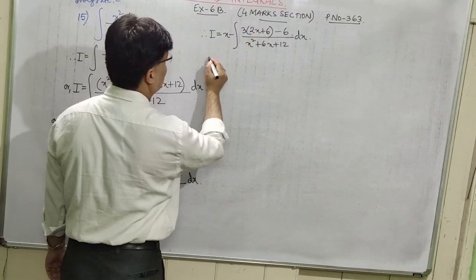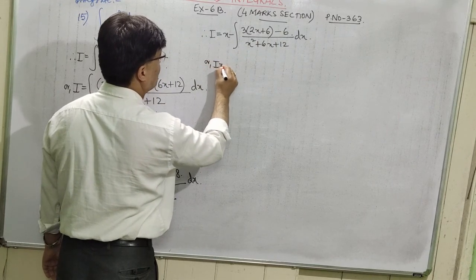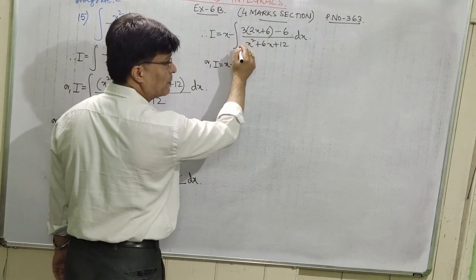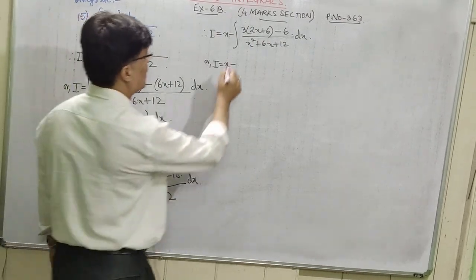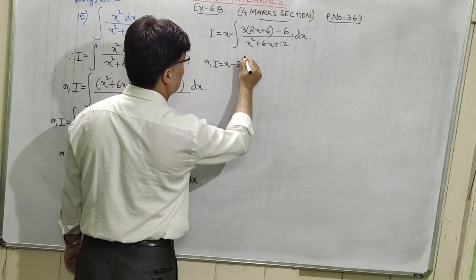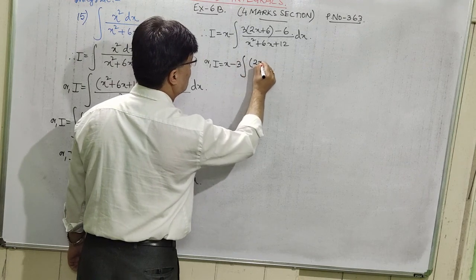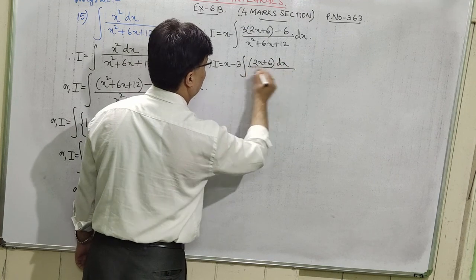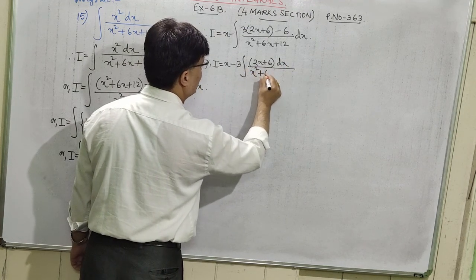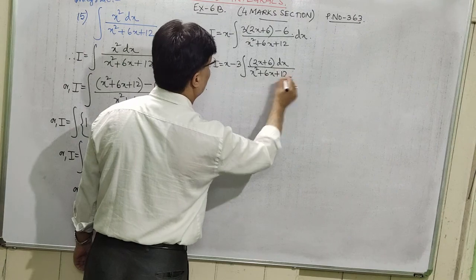Now we can separate the term again. I is equal to x minus, let us separate this fraction as well as the integral sign and dx. Minus 3 is a constant, so it is taken outside: integration of 2x plus 6 into dx divided by x square plus 6x plus 12.